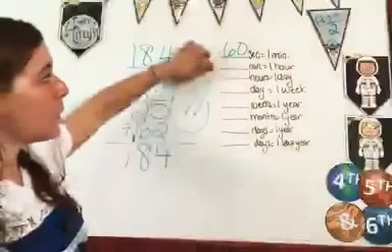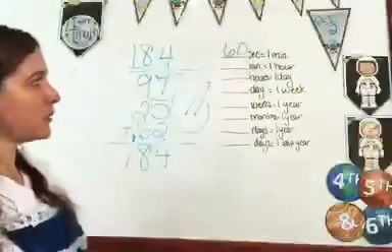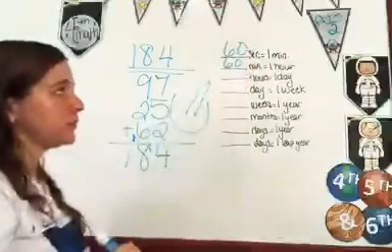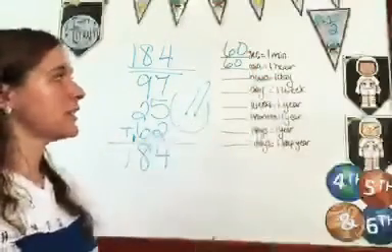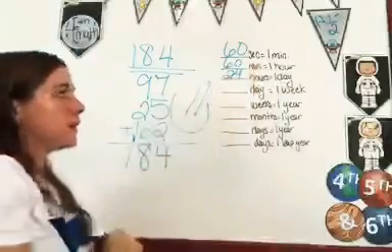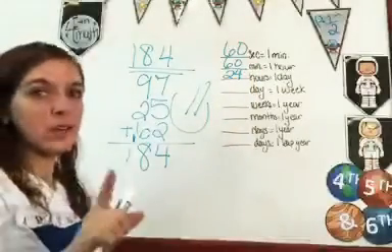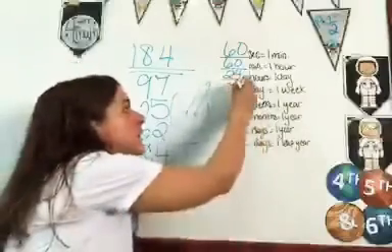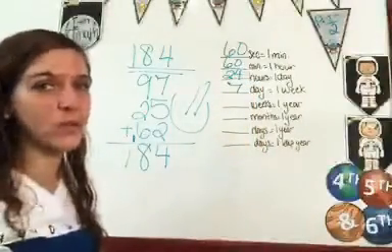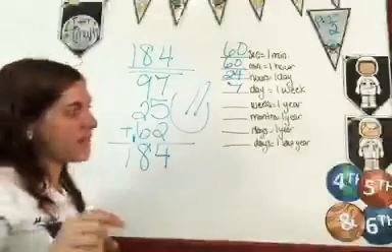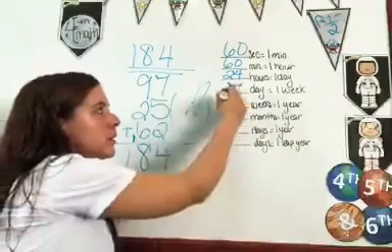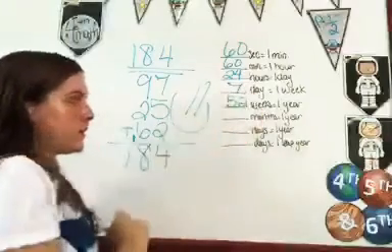Okay. How many minutes are in an hour? 60. Remember your reloj. How many hours are in a day? 24. How many days are in a week? 7. And you're learning in Bible class this week why we have 24 hours in a day, why we have 7 days in a week, right? How many weeks are in a year? 52.